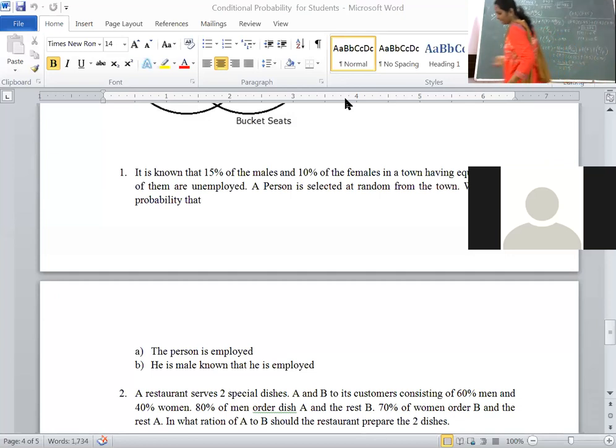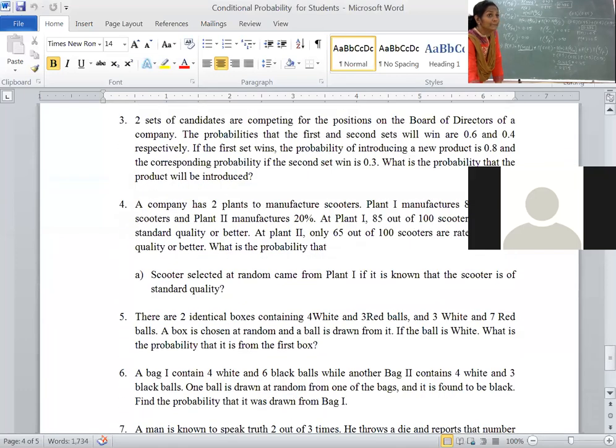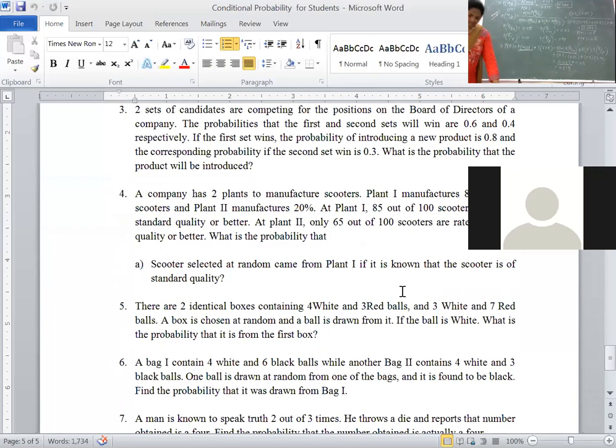Okay. Any query? Understood? Then we will go for another problem. Read the fifth problem.